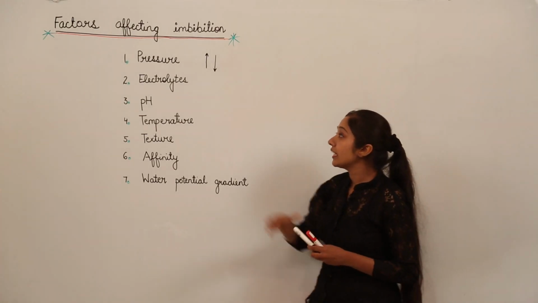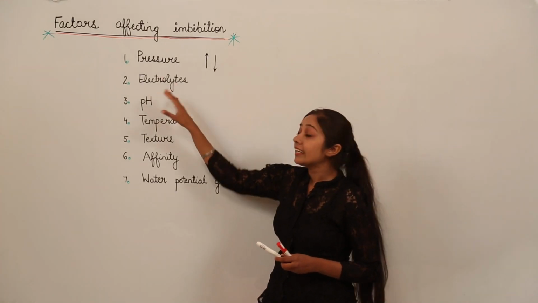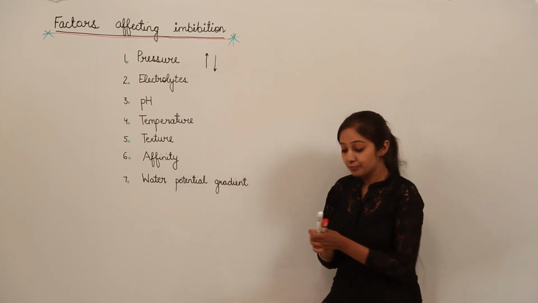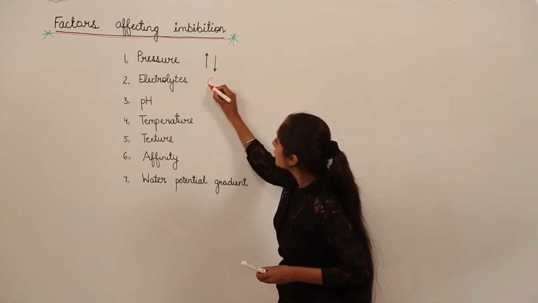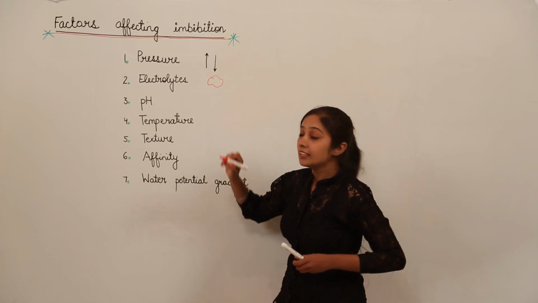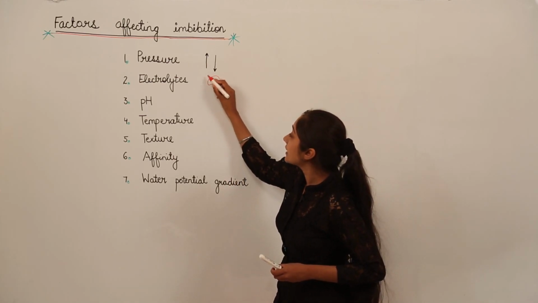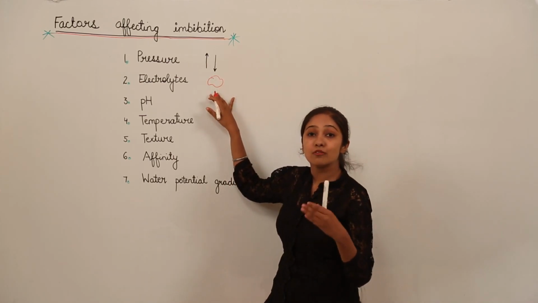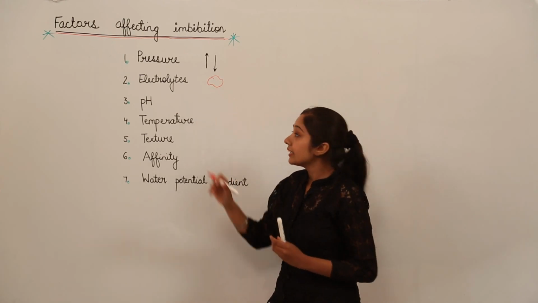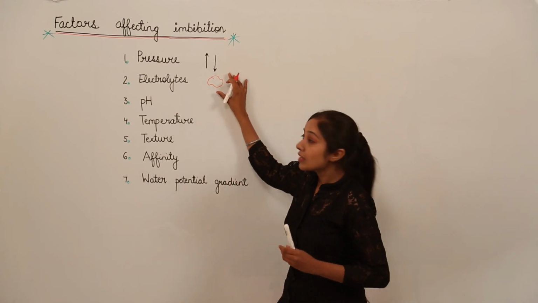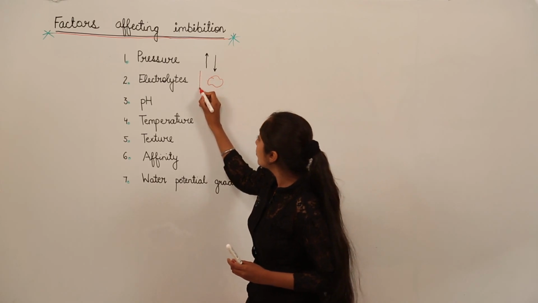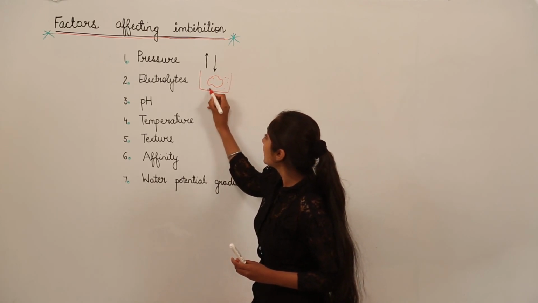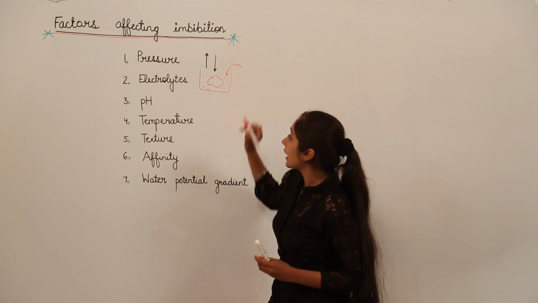Next we move on to electrolytes. Now when we add electrolytes, what is going to happen? We have a solid substance, which, as I told you, should be hydrophilic in nature, water loving. There are some charges present on it. What happens when we put this solid into liquid and we add in some electrolytes?